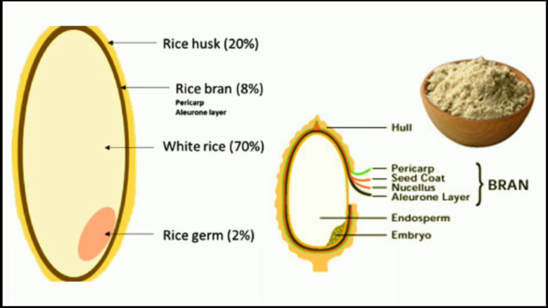It is the bran part from where we extract the oil, known as rice bran oil. After that is white rice, also known as endosperm, the desirable part, the milled rice which we always bring to our home. And inside that endosperm part there is a little bit of rice germ. So this is the overall structure of rice.